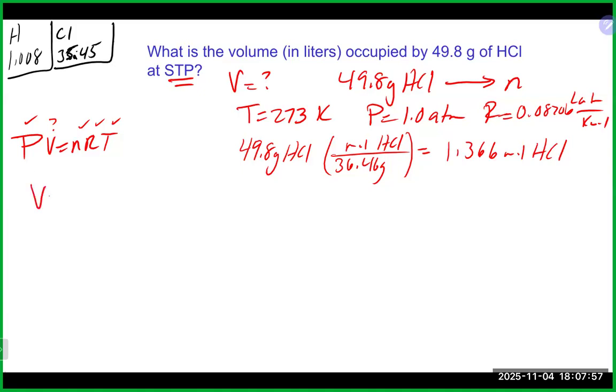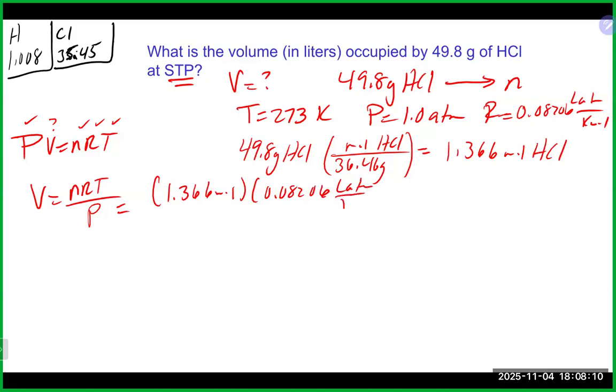So if we solve for volume, nRT over P, putting in our moles, 1.366, 0.08206, which is our R, our temperature 273 Kelvin, all divided by our pressure here of 1 atmosphere.